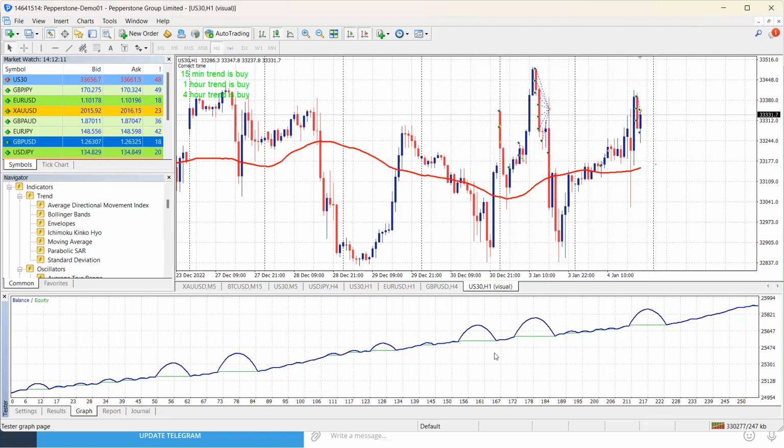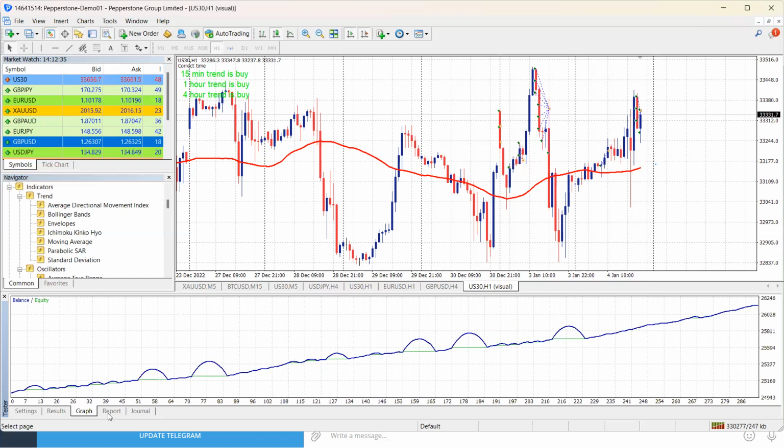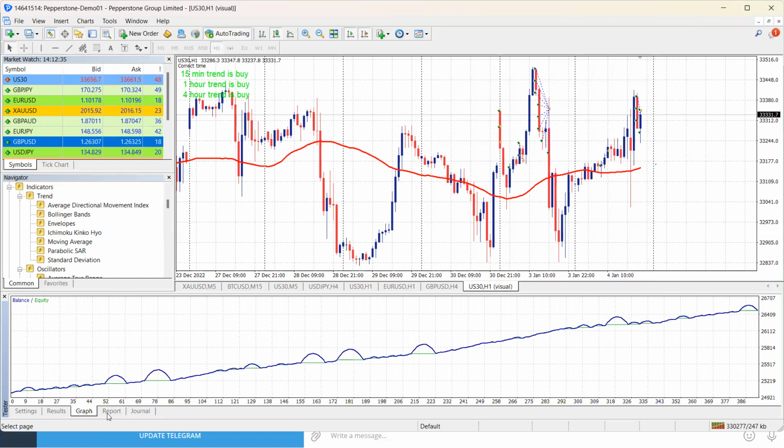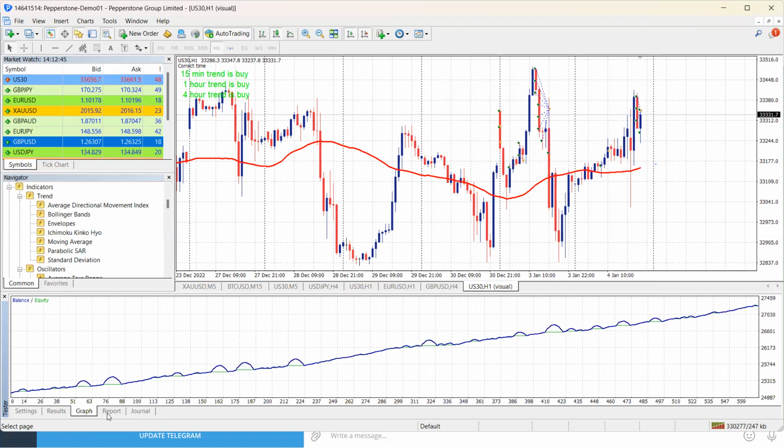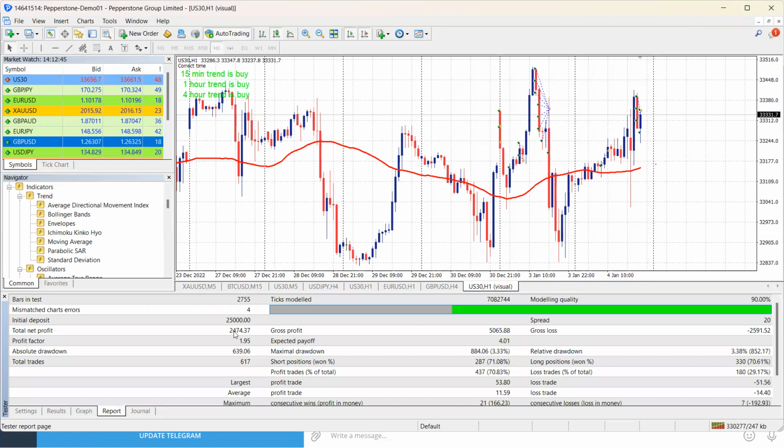But I think that's pretty fair. So on the $25,000 account, we made 2,474. So basically 10% profit and 3.3% drawdown.